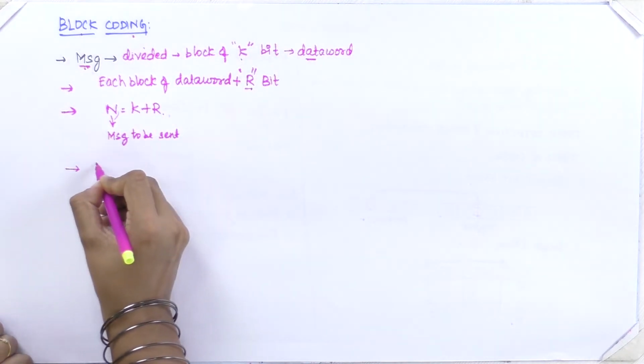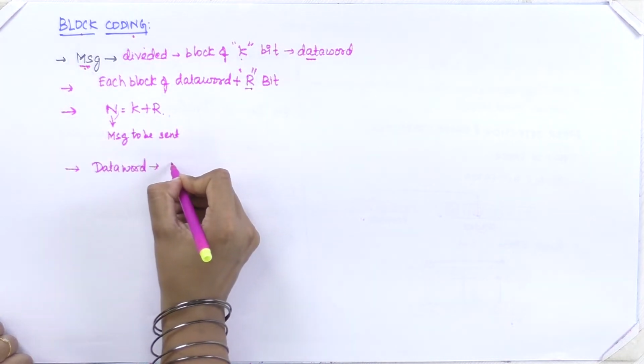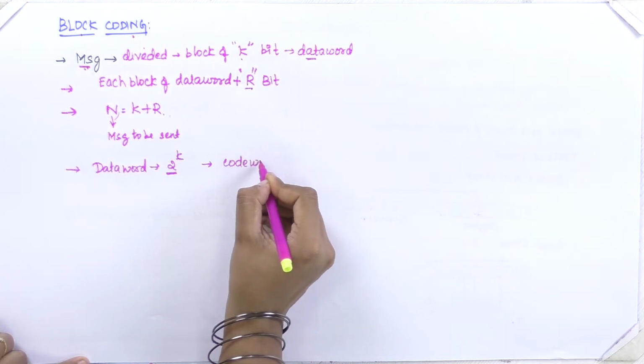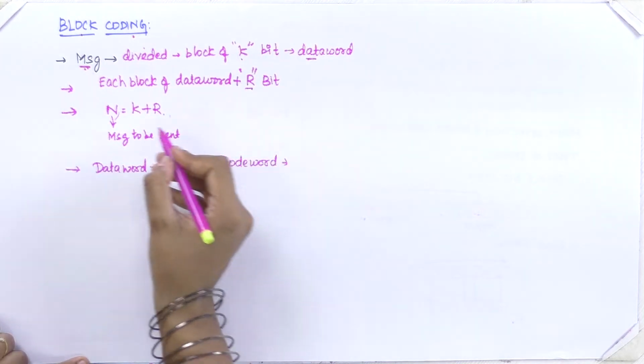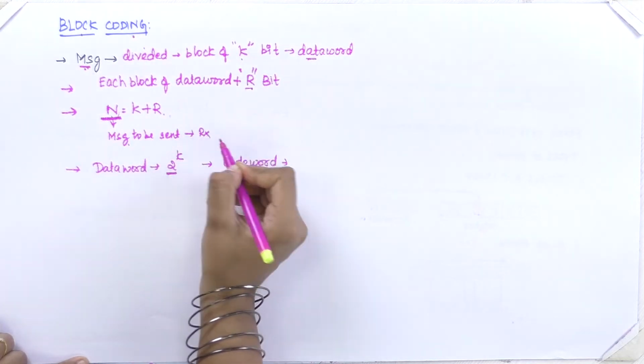Your data word can be in terms of 2 power k, and this one we call a code word, which you are sending to the receiver side.